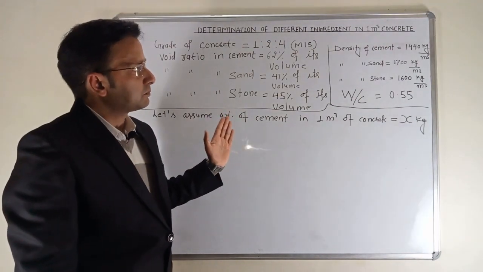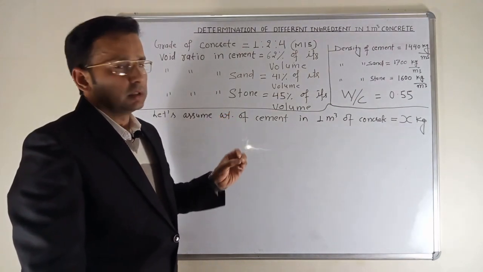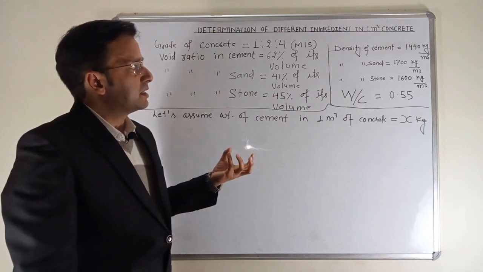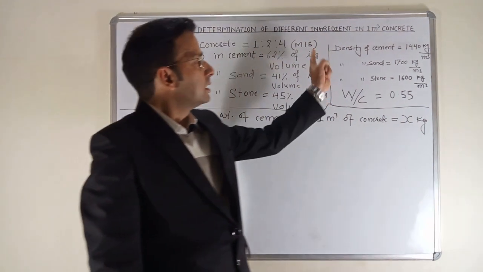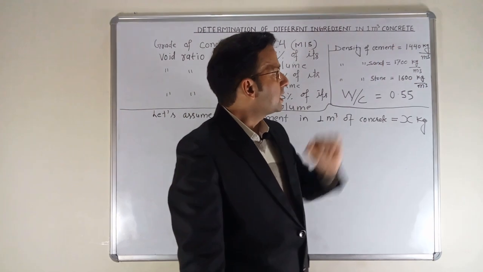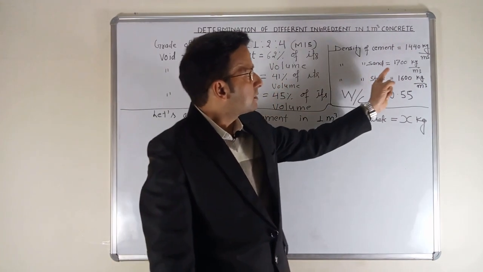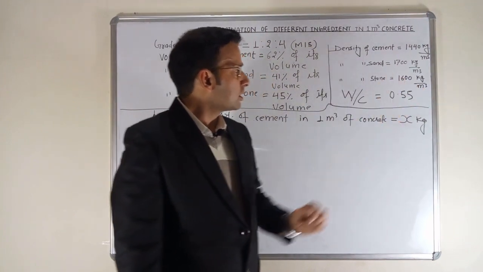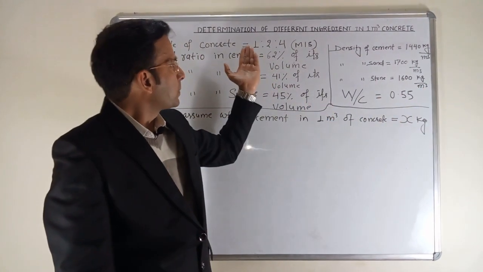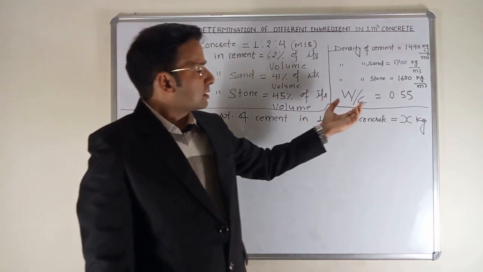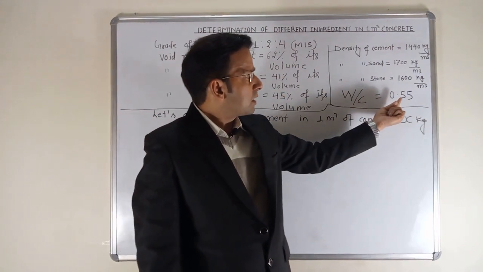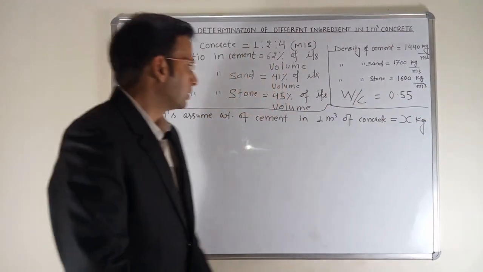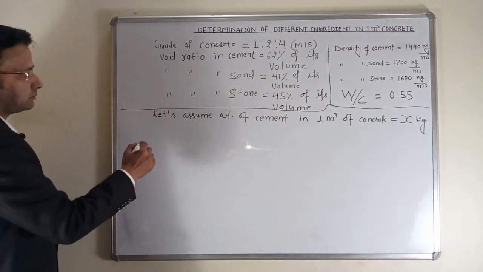Before going further, we must know the different parameters of cement, sand and stone. For example, density of cement is 1440 kg per meter cube, sand 1700 kg per meter cube and stone 1600 kg per meter cube, and void ratio in M15 grade concrete generally varies between 0.55 and 0.6. So let's proceed.